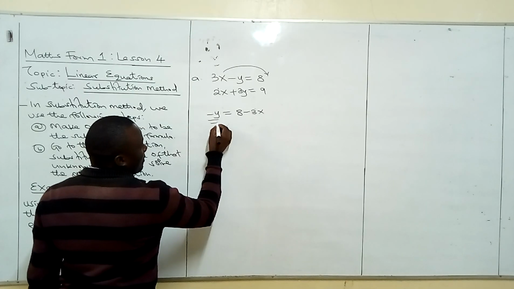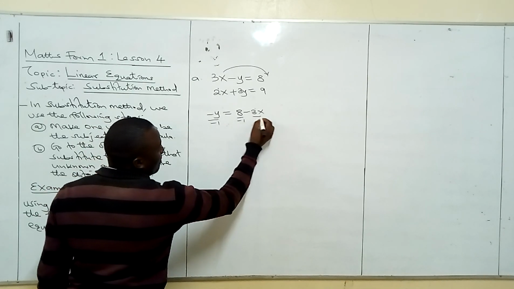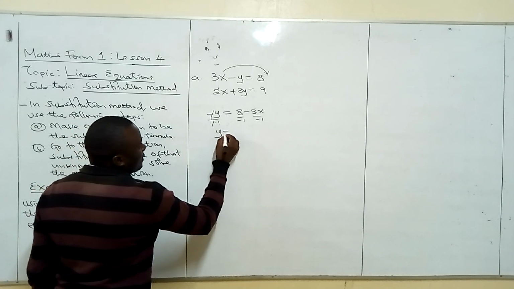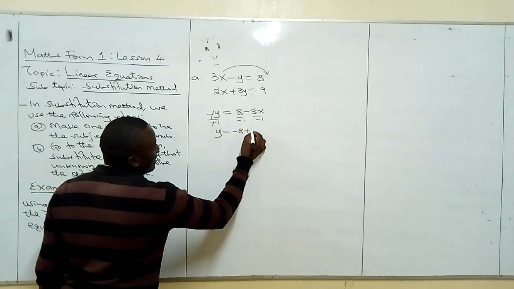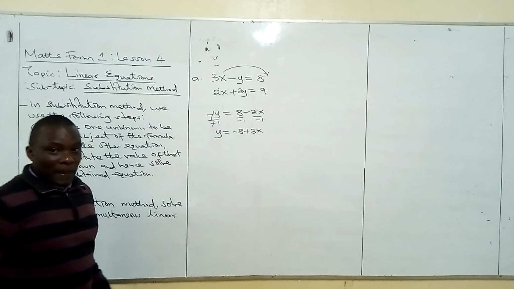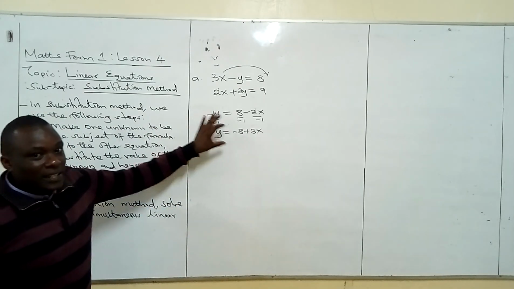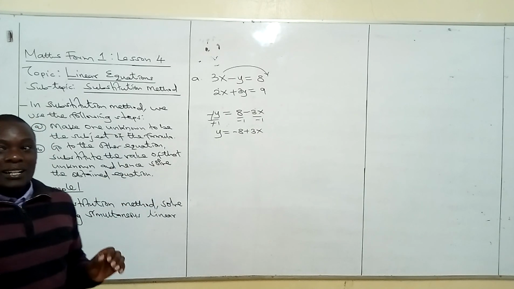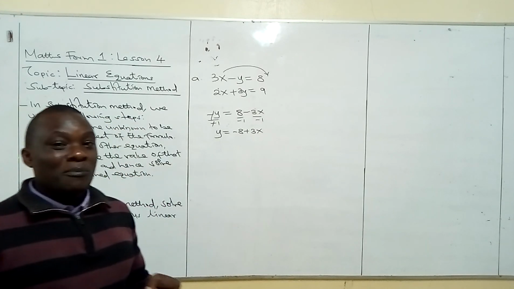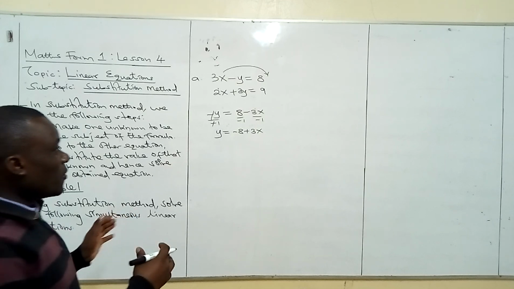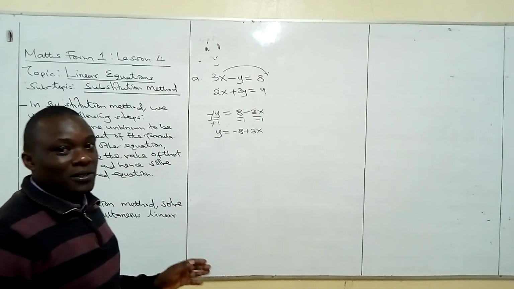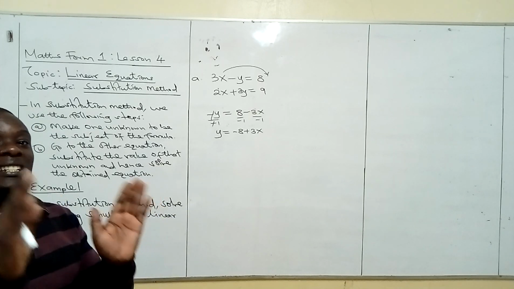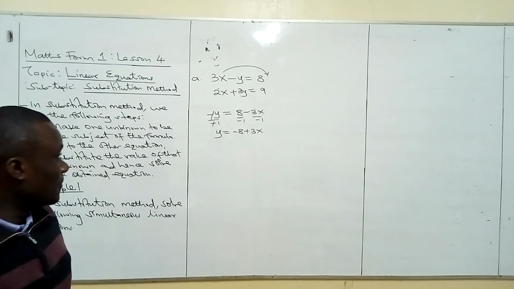Then I will divide by minus 1. I will have y is equal to minus 8 plus 3x. I've made y the subject of the formula. Making a letter the subject of the formula means we move all other terms to the right hand side, and on the left you remain with that letter only.